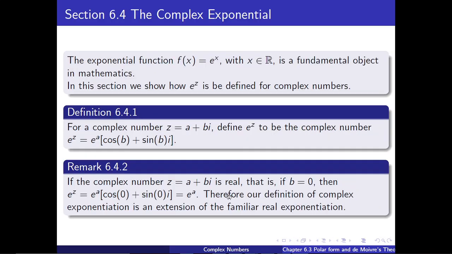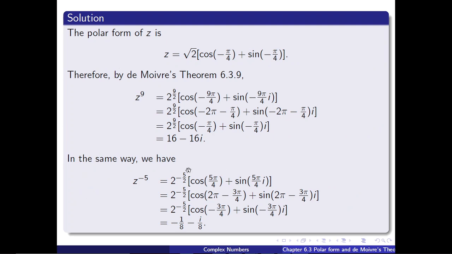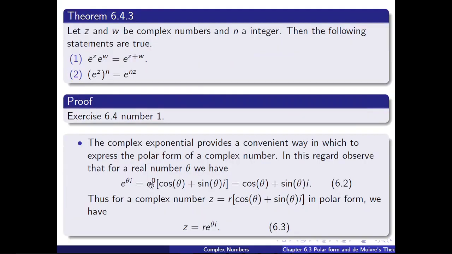So you notice that before we were saying b is equal to 0. In this case we are thinking of a to be the one that is equal to 0, and the imaginary part is not 0. So e to the theta i will be e to the 0 plus theta i, and so therefore it becomes e to the 0 times cos theta plus sine theta i, which is equal to cos theta plus sine theta i.